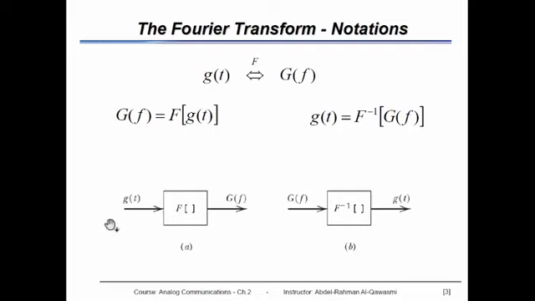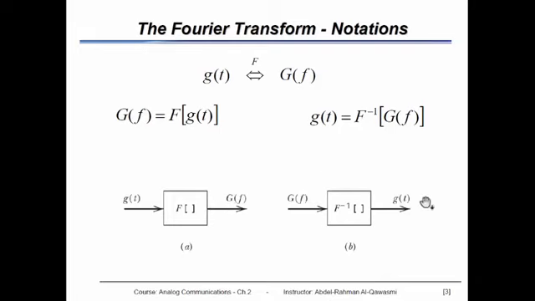Or if we use this as a system, this is the input of the system, g of t. The system performs the Fourier transform of the input, and we have the output g of f in the frequency domain.